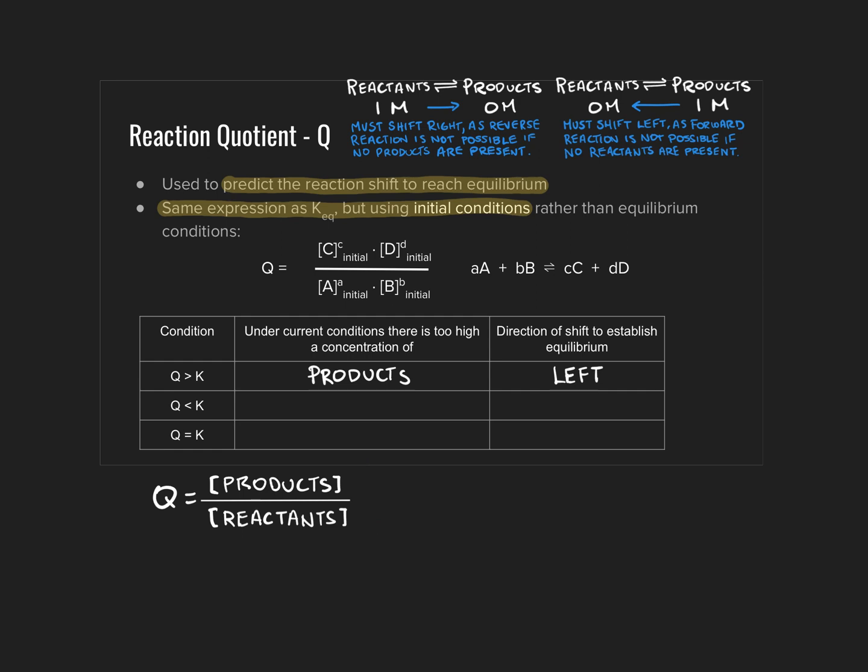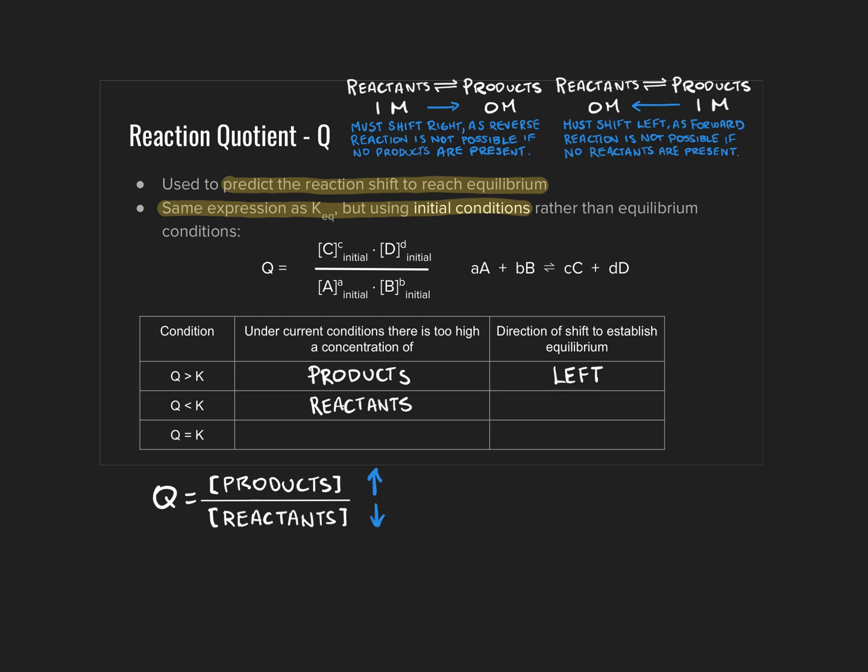Now, conversely, if I made a calculation of the reaction quotient Q and compared it to KEQ, and the value of Q was smaller than KEQ, that would tell me that my current ratio of products over reactants is smaller than that ratio would have to be for the system to be in equilibrium. Therefore, to get to the equilibrium position, the value of Q would have to get larger, implying my numerator would have to increase and the denominator would have to decrease.